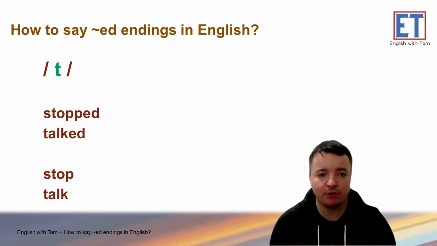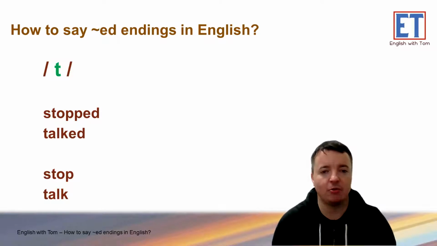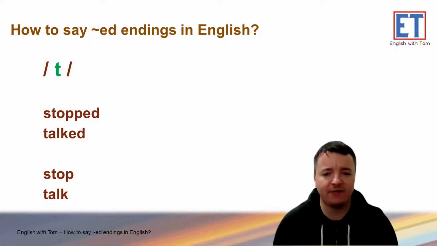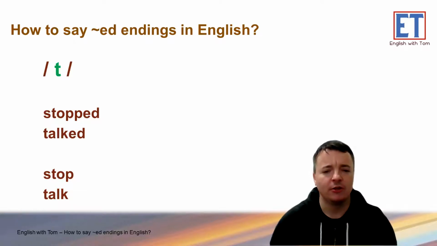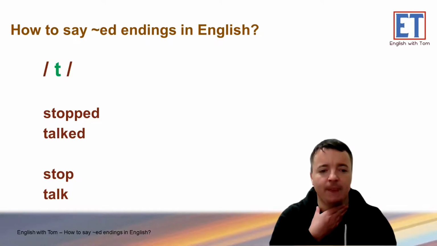Let's check out the next one. So the t sound. For example, stopped, talked. So what's the final sound before ed here? Stop, talk. Just hold your neck. What do you notice about those sounds? Stop, talk.